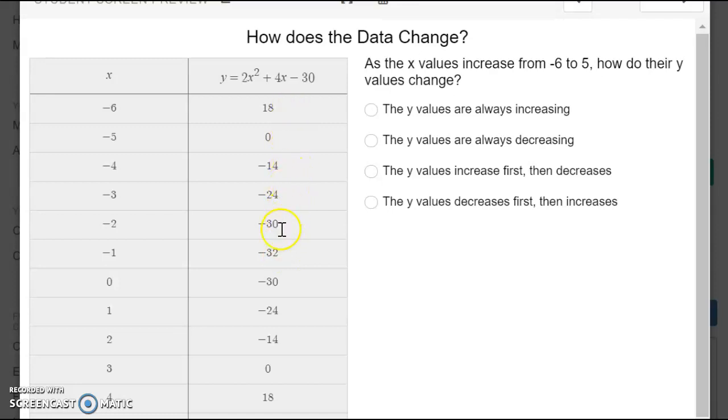So from here to there, it seems to be decreasing. But then from -32, it turns around and it starts to increase. It's becoming more positive from this direction. Okay, so the y values decrease first, and then it increases. That's what I'm going to say.